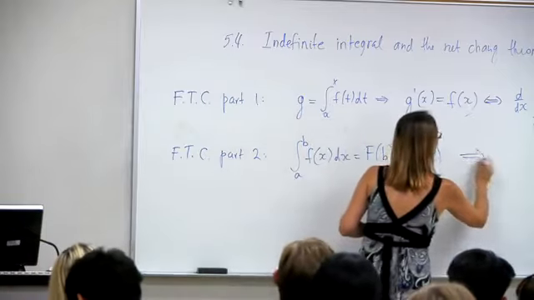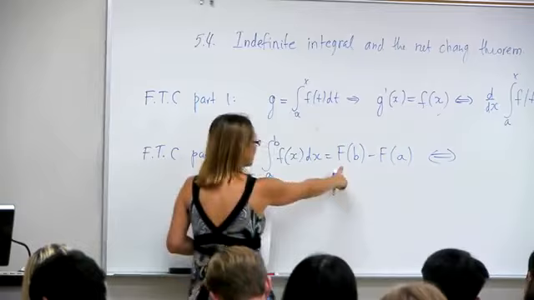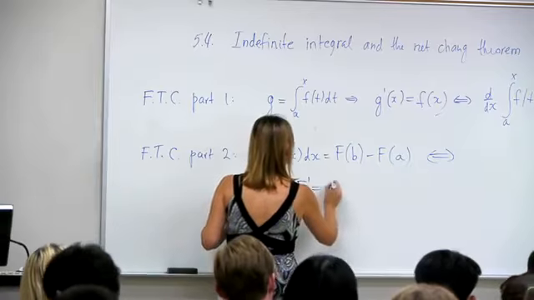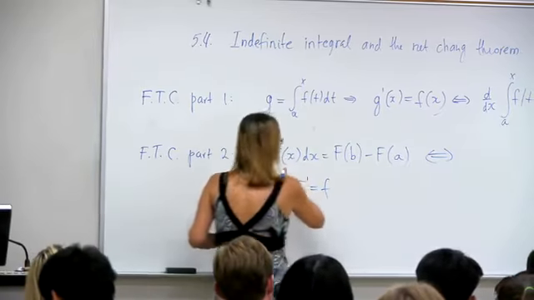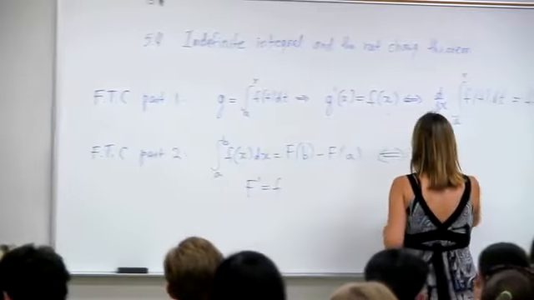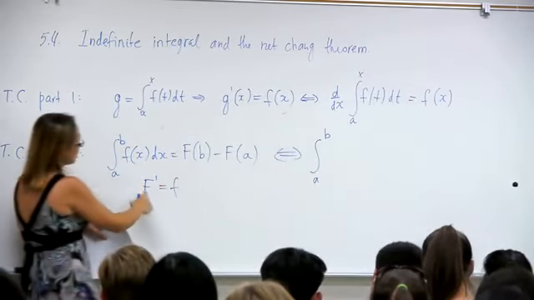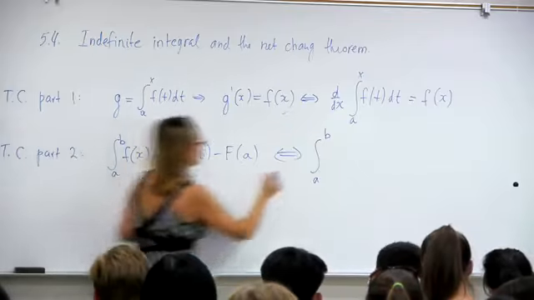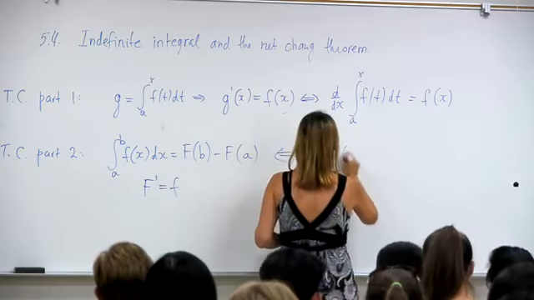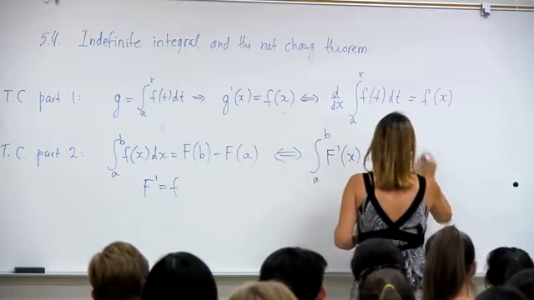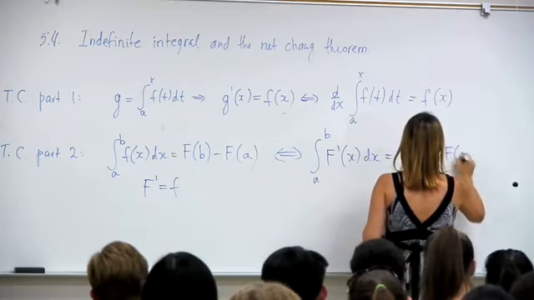Again, I'm going to rewrite it slightly differently, because F is the antiderivative, so F prime is equal to f. So when I rewrite this theorem, in the integral, instead of f, I'm going to insert F prime. So I have the integral of F prime of x dx is equal to F of b minus F of a.